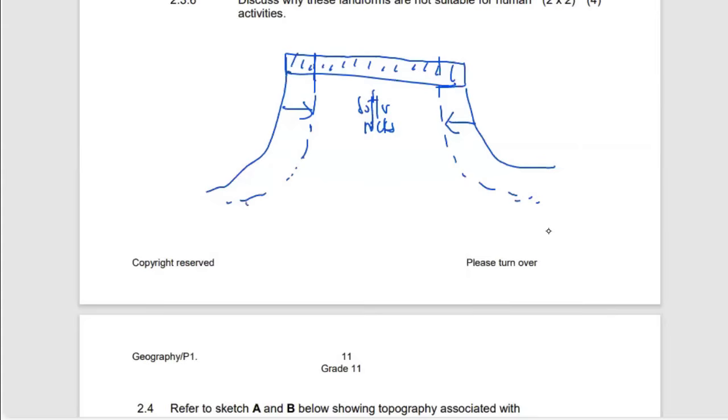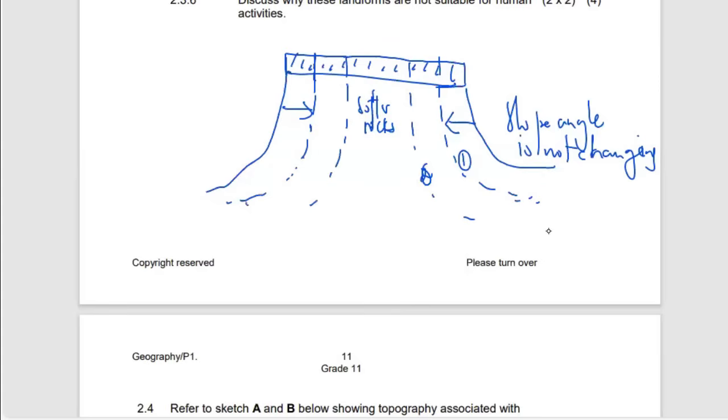But what you are seeing here is the slope angle is not changing. So the landform becomes gradually smaller and smaller because of the retreat. Like it comes to cycle 3. If this is 1 and this is 2, it means our landform is now here. It's no longer a Mesa. It's now a butte at cycle 2, cycle 1 there.